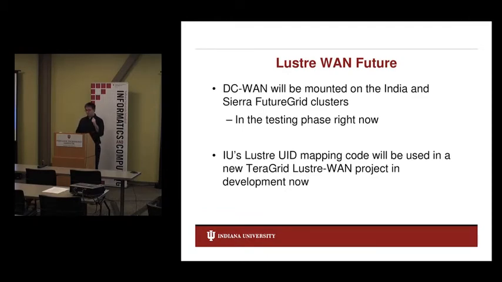The DC WAN project has been pretty successful. Don't ask me, ask the TeraGrid, because there's a new project coming online in development that's using the UID mapping Lustre code that we developed here at IU for a TeraGrid-wide Lustre project.